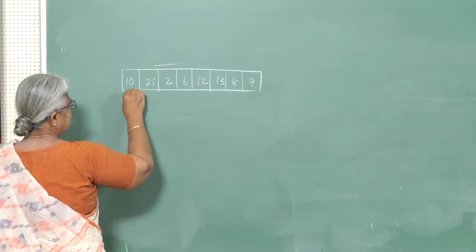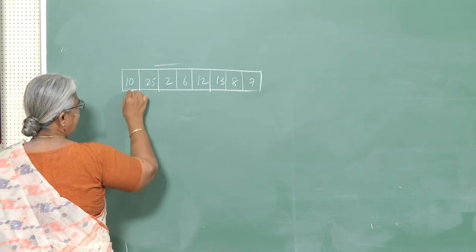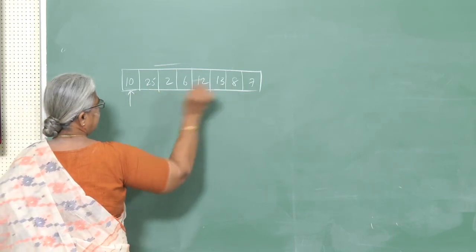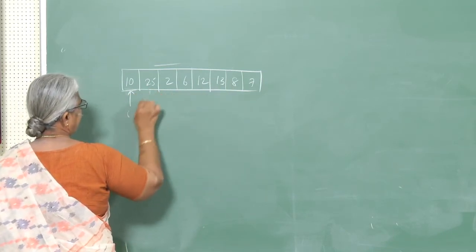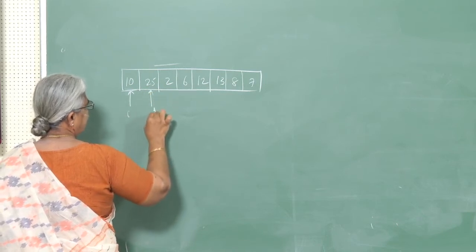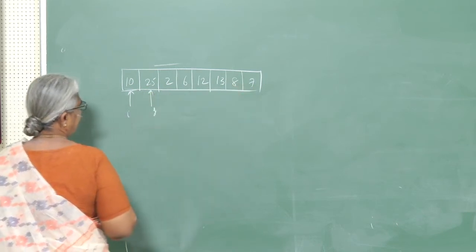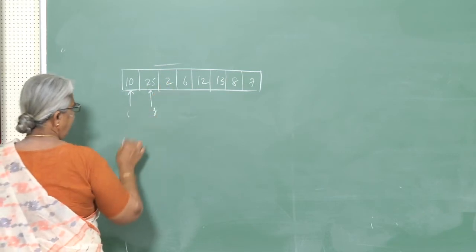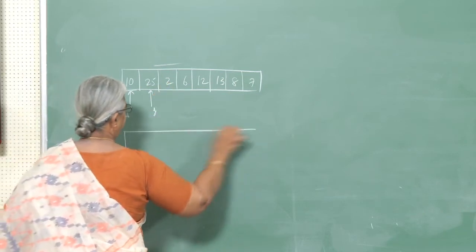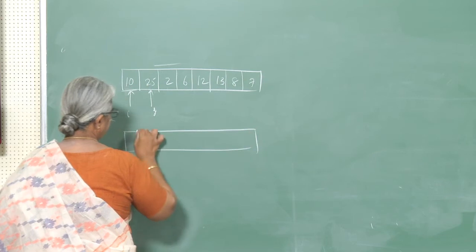So, start with this, and then I compare this element with all the elements in the array. So, I have a pointer i here, a pointer j, which goes through the entire array. Then I find out which is the most minimum element, and I put that element in the first position.